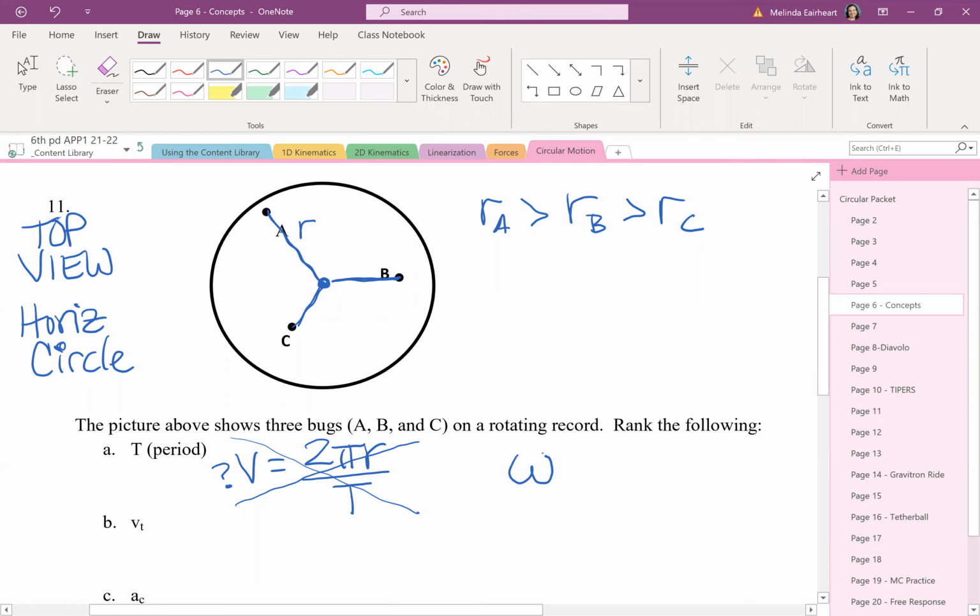Angular velocity: how fast are you turning that circle? How fast do you sweep 360 degrees? Based on one full circle, it is 2 pi divided by period.